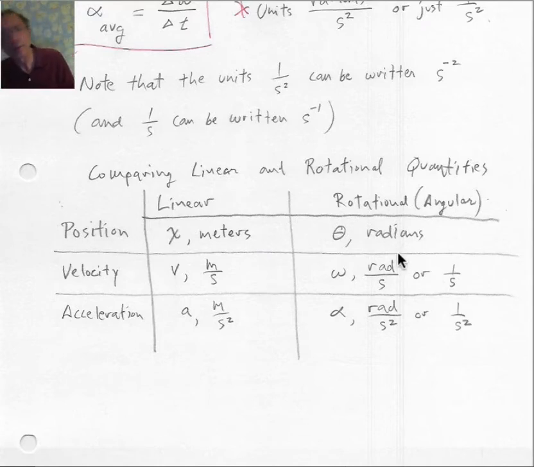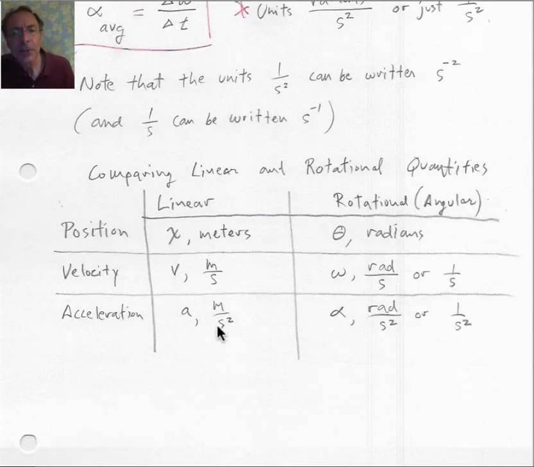Sometimes it might be revolutions, sometimes it might be degrees, but for the most part, it's going to be radians. Velocity, it gets the symbol v. It has units meters per second. But now that we're doing rotation, our rotational velocity or angular velocity is omega, has units of radians per second, or you might see 1 over seconds.